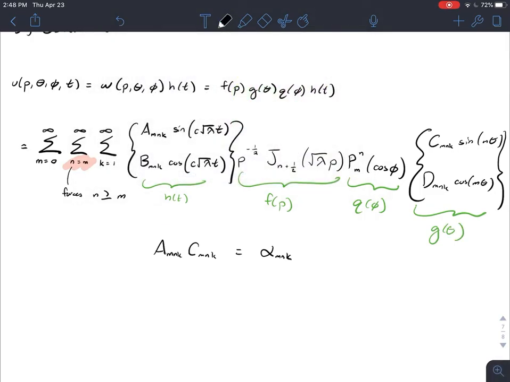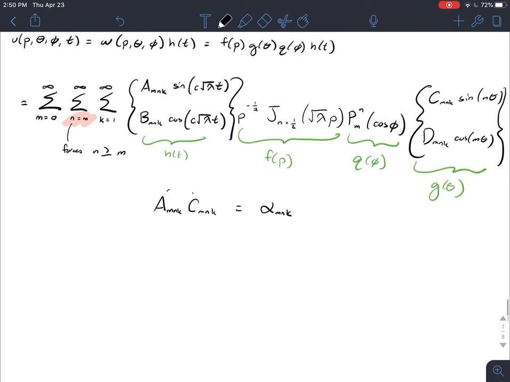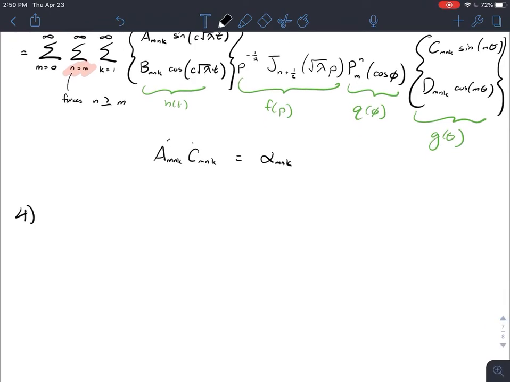Just to repeat myself, if you were to expand this all out, for most problems you won't have to, because your general solution won't be this bad. You'll get terms like a times c, for example, but you can redefine them as a new arbitrary constant, alpha m n k. So to give an example of how to solve for these coefficients, I'm not going to solve for all of them.